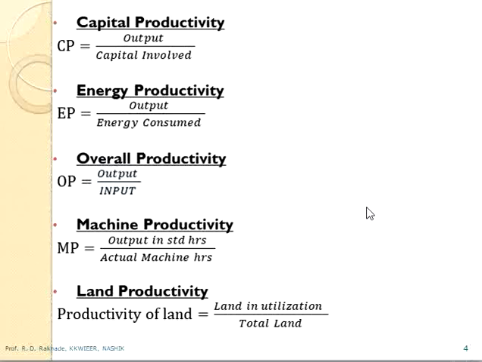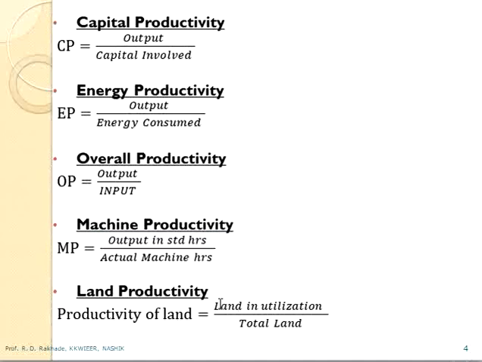Then next, machine productivity or machine utilization. It is output in standard hours, that is the theoretical cycle time required for a product, to the actual machine hours, meaning the practical time required to complete that product.